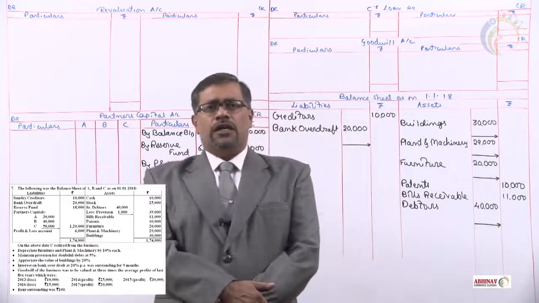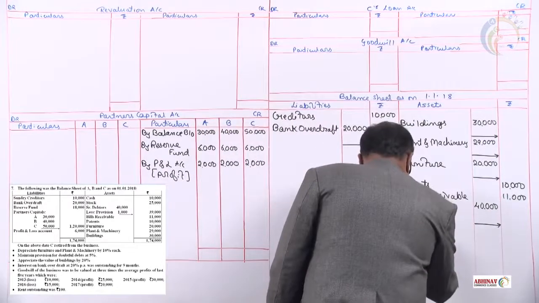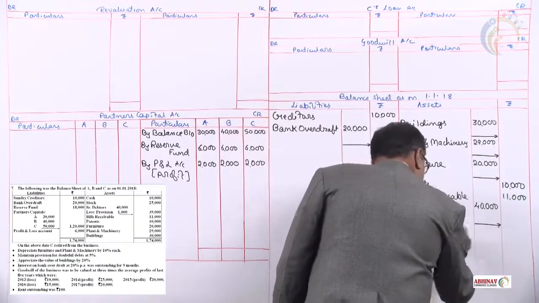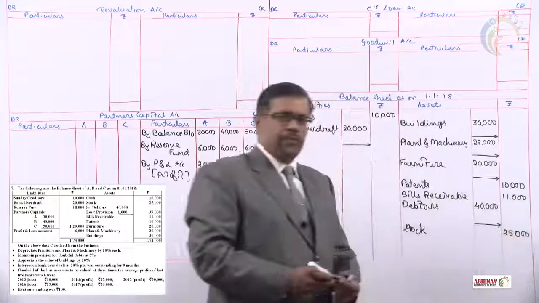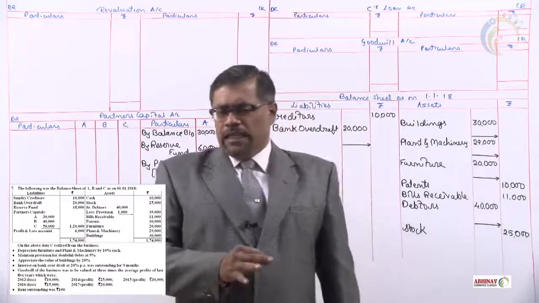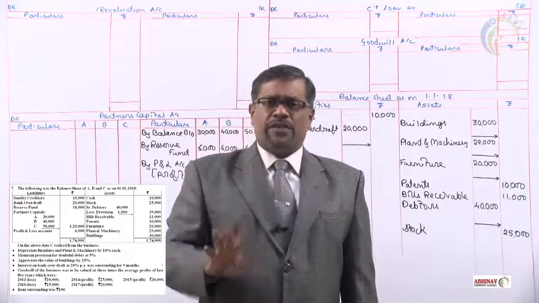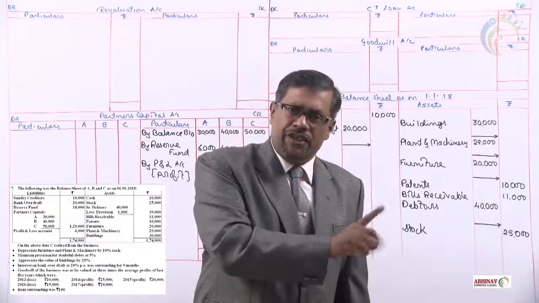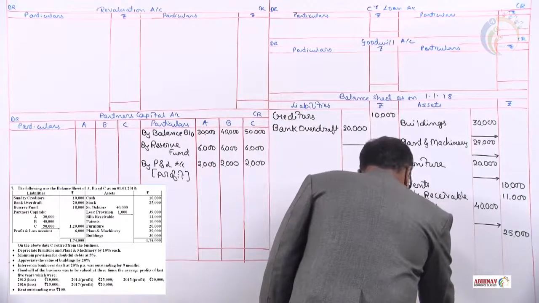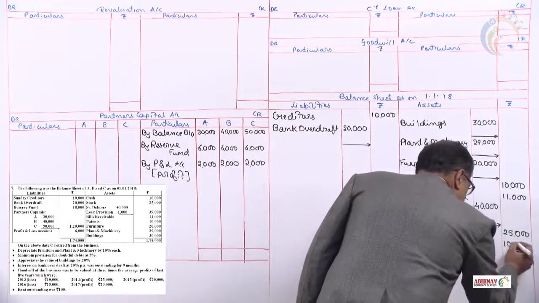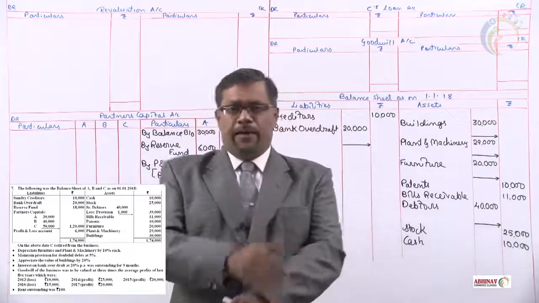The next, stock, 25,000. There is no adjustment on stock, so stock will be recorded in the outer column, 25,000. After stock, cash. There is no adjustment which shows any flow of cash, whether cash comes in or cash goes out. So cash directly in the balance sheet without opening a cash account. Full amount, 10,000. That's all with the asset side, that's all with the balance sheet.